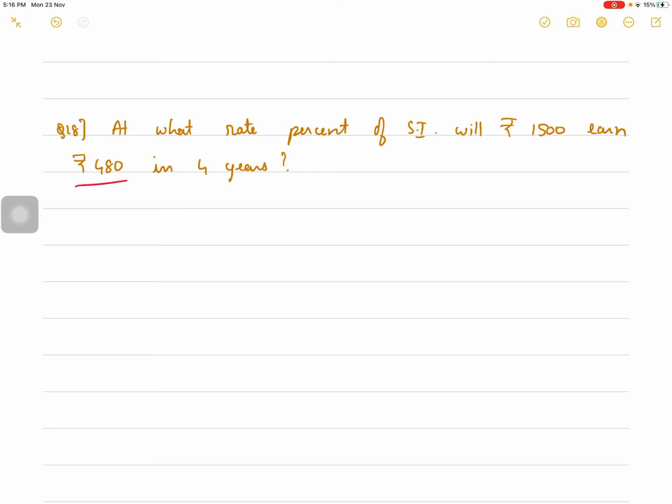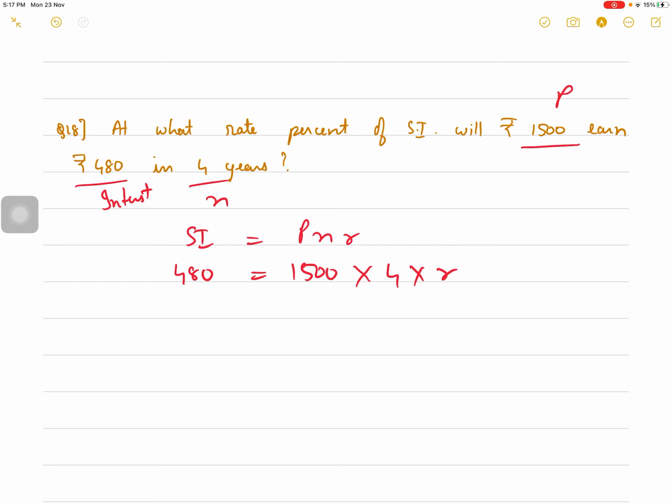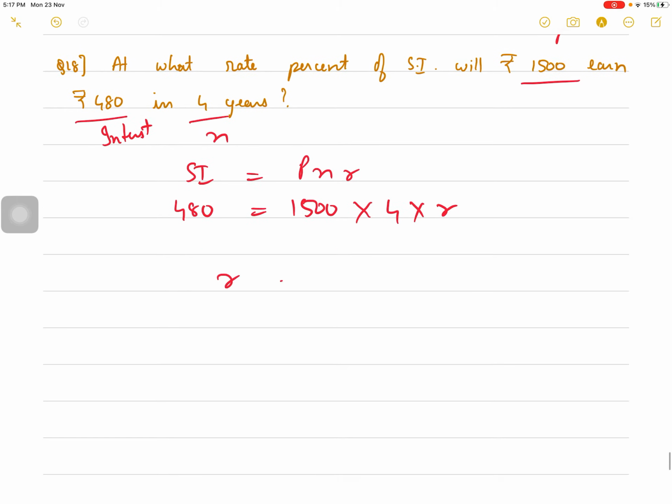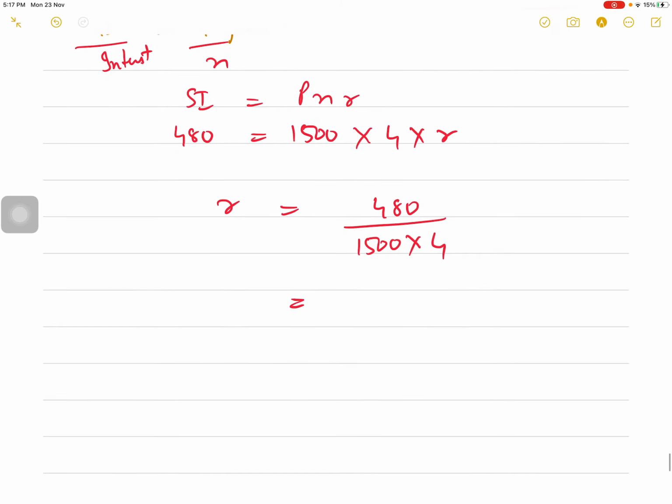Next problem. At what rate percent of simple interest will rupees 1500 earn 480 in 4 years? So this is the interest amount, 4 years is N, 1500 is principal. So simple interest is equal to P into N into R. Interest amount is 480, principal is 1500, N is 4 years, you are supposed to find R. So R is equal to 480 divided by 1500 into 4.